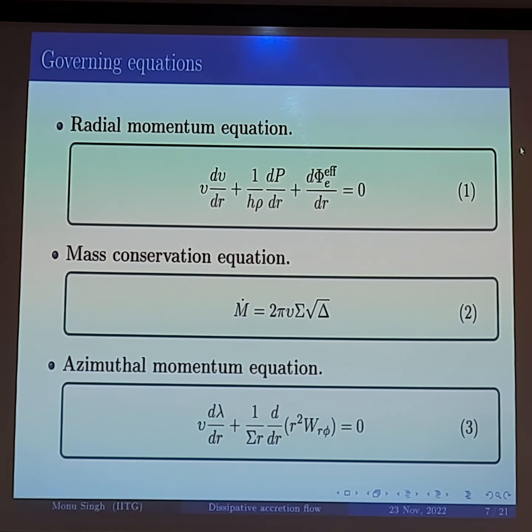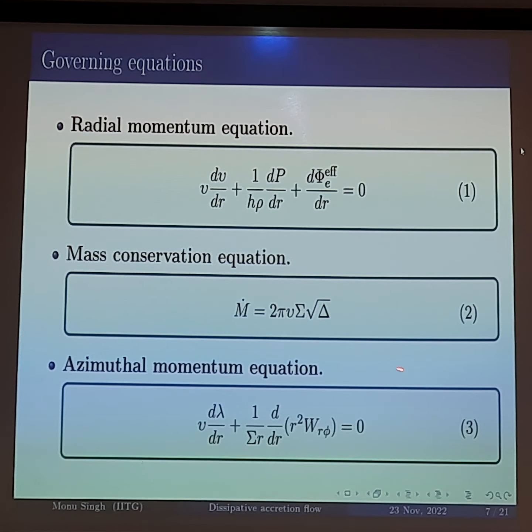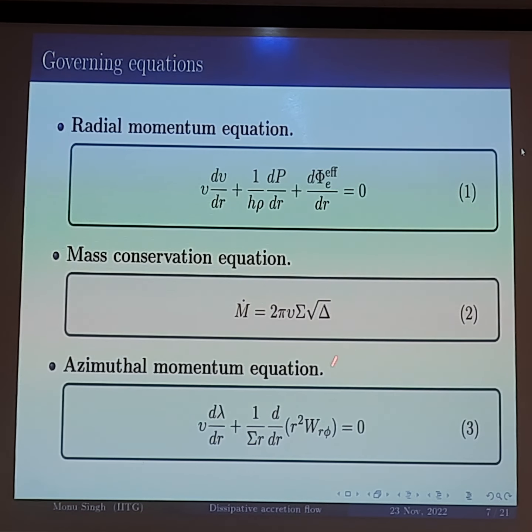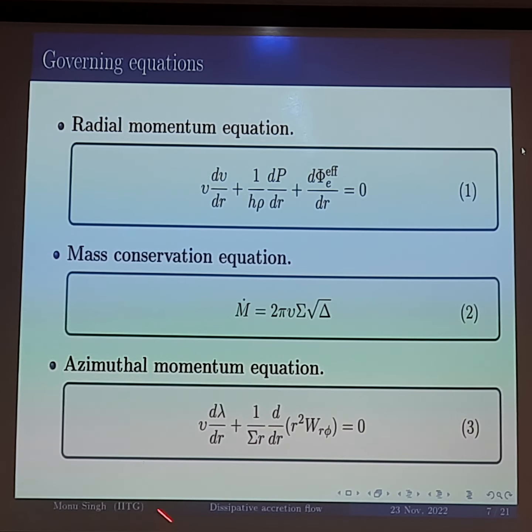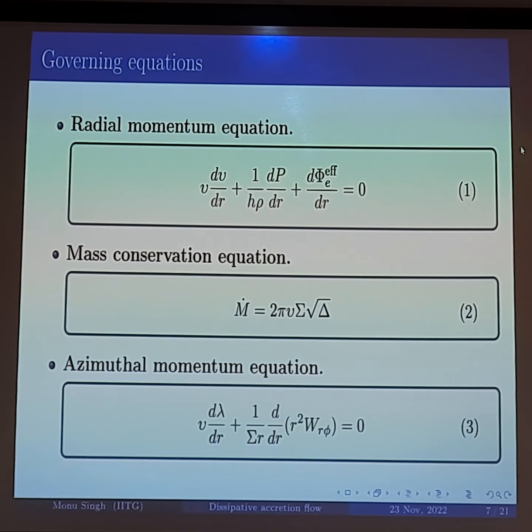This is the gravitational potential which dictates the space-time, and here we have considered the pseudo-Kerr black hole. The second one is the conservation equation, which comes from the continuity equation. And this is the azimuthal equation, where the viscosity plays the role. Lambda is the angular momentum of the flow, and W_r phi is the viscous stress. So here all the play will be governed by this.